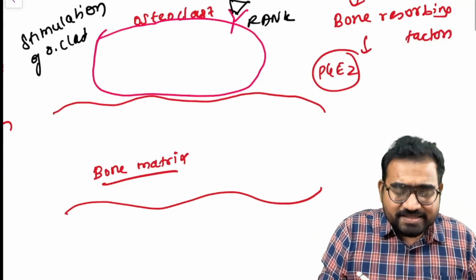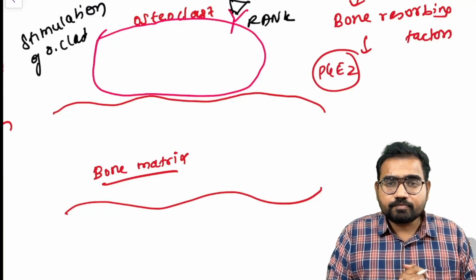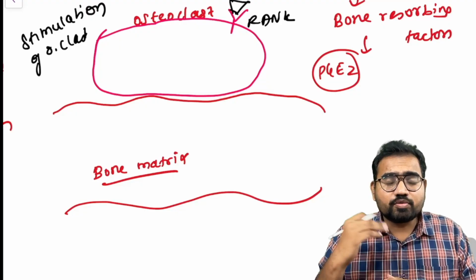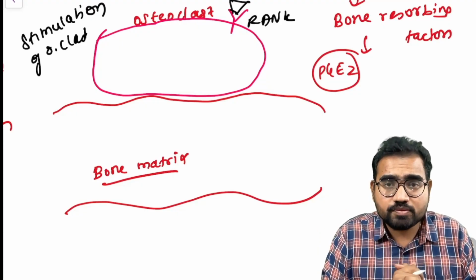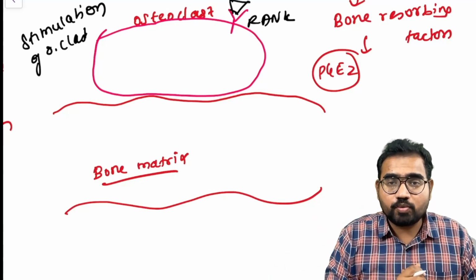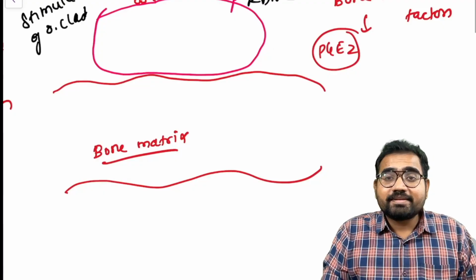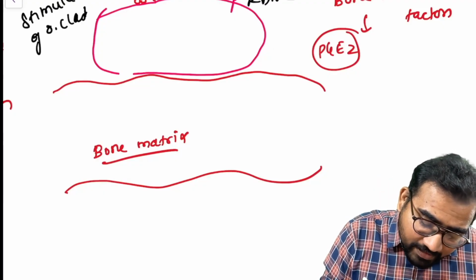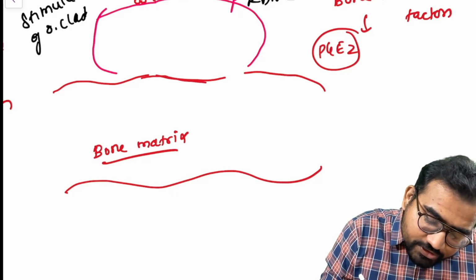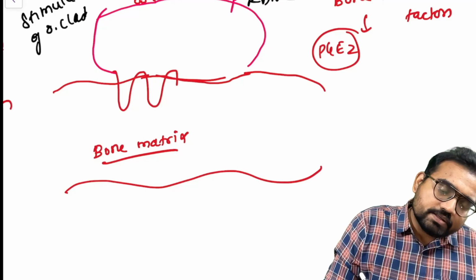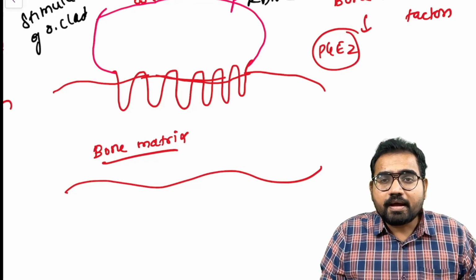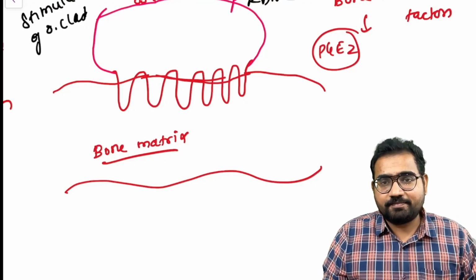Once the osteoclast is stimulated by a lot of factors like interleukin 1, interleukin 6, tumor necrosis factor alpha, it will go and attach itself over the bone. It extends some projections into the bone and ensures firm adhesion.